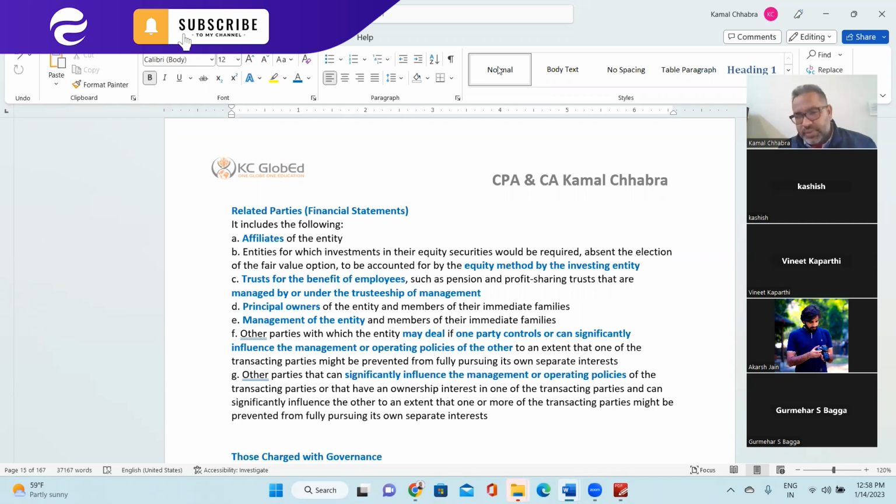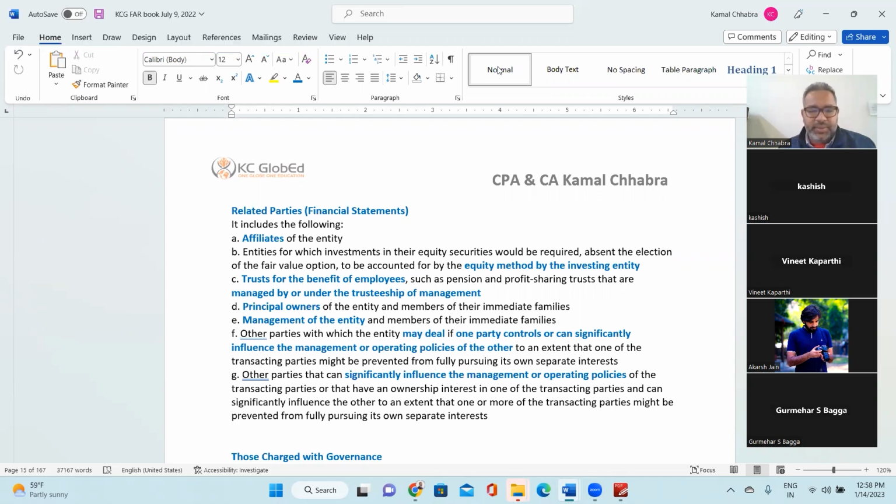So equity method investment, in short, if I say point B, we'll be discussing this in detail because related party disclosure is part of FAR. But here you should just have an understanding. At this point of time, we are just touching the concept of related party. We'll be discussing more in detail. This is a specific section we have in chapter number 4, right?